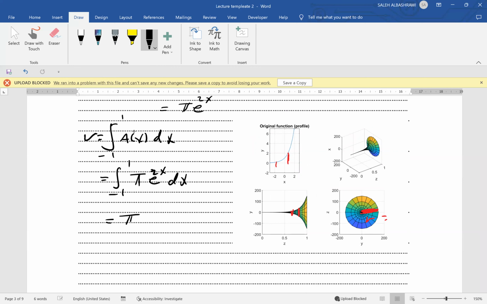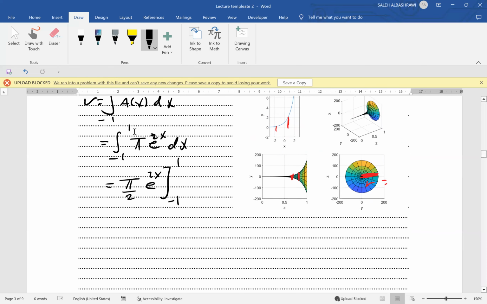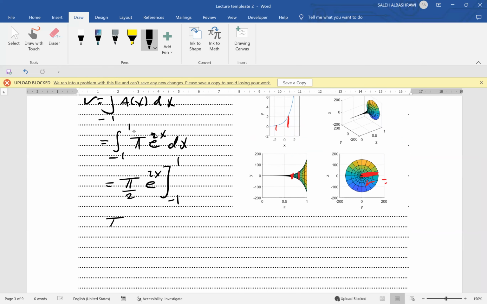This is equal to pi over 2 e to power 2x, from -1 to 1. Using the fundamental theorem of calculus, this will give me pi over 2 multiplied by (e to power 2 minus e to power -2). So this is the volume of this solid, and we can write the unit as cubed units.